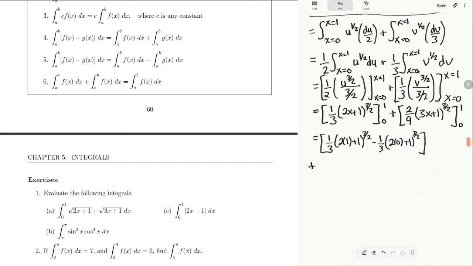And we add this to 2/9 times 3 times 1 plus 1 raised to the 3/2 minus 2/9 times 3 times 0 plus 1 to the 3/2.